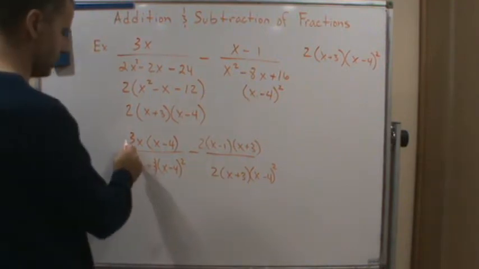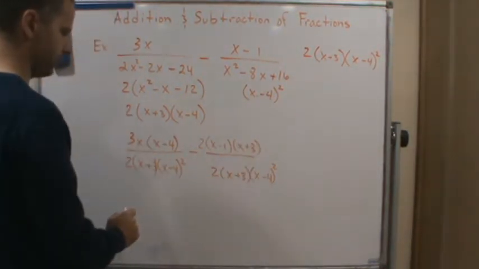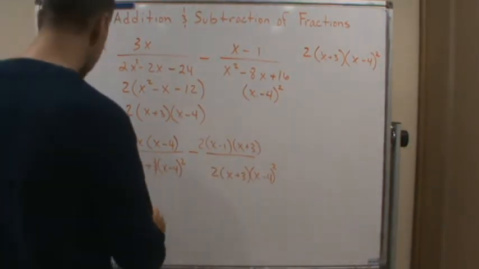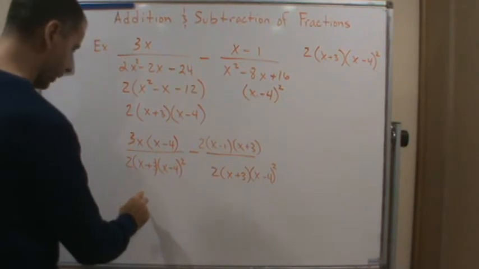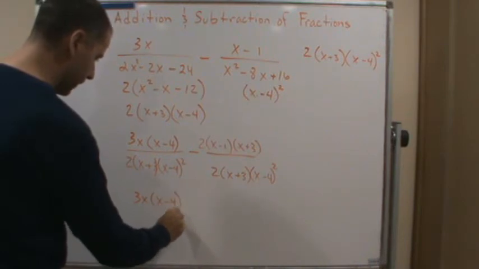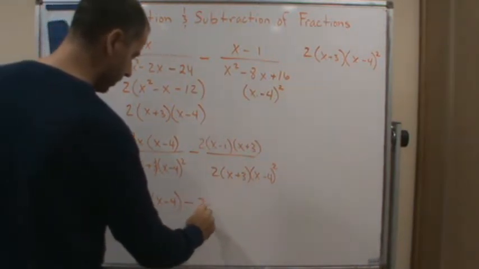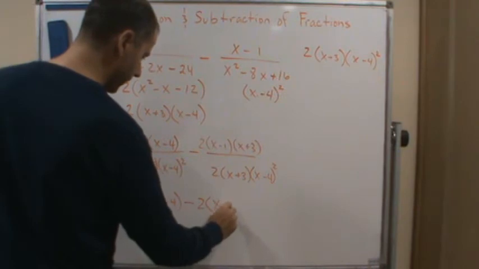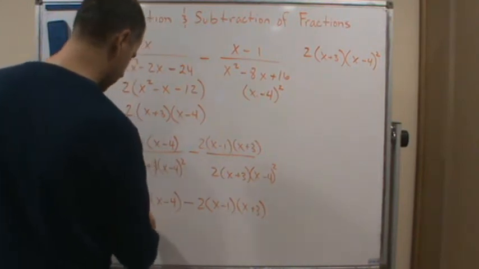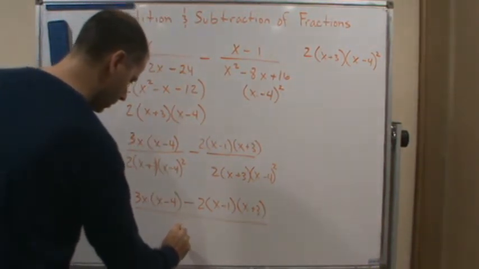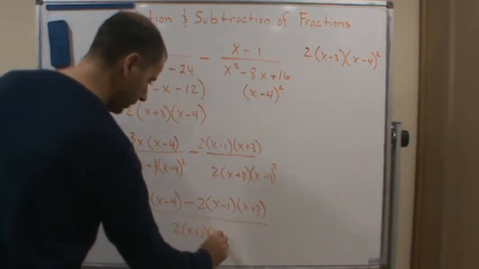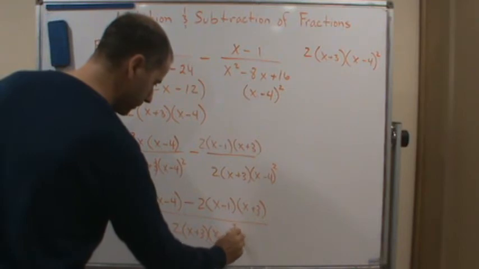Now all I have to do is subtract across the top and keep the bottom. So what happens here? I'm going to get 3x times (x minus 4) minus 2 times (x minus 1) times (x plus 3), all over 2 times (x plus 3) times (x minus 4) squared.